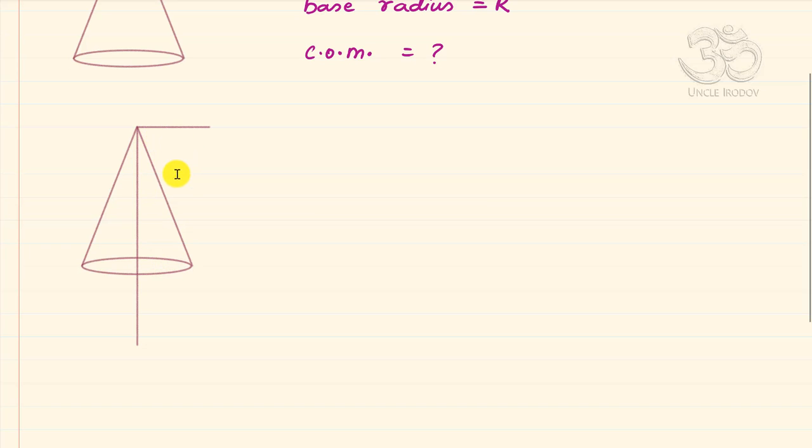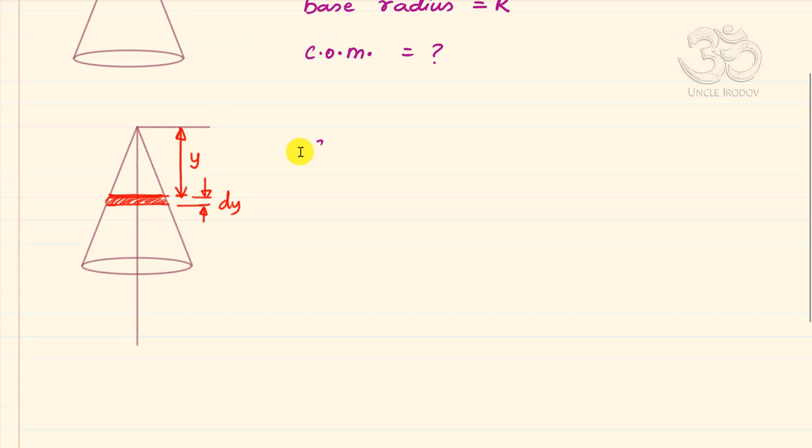So from the top we are going to take a distance y, at which we assume a small increment delta y or dy. So this is dy, and there is a circular area, but if you slice it, it will be a complete disk. So you need to find the volume of this disk.